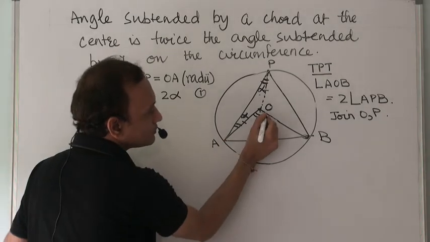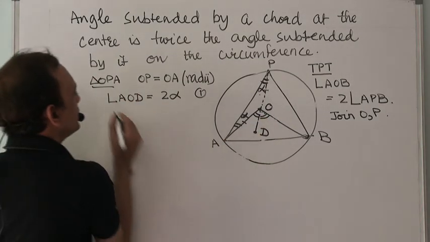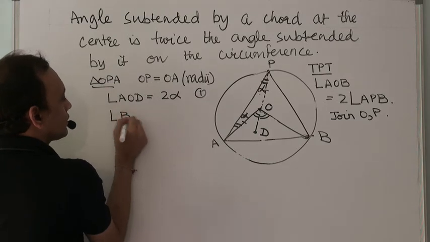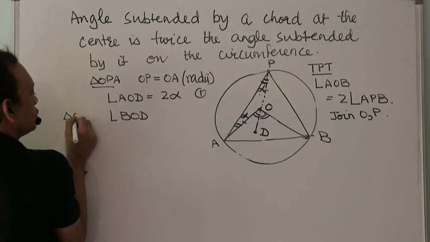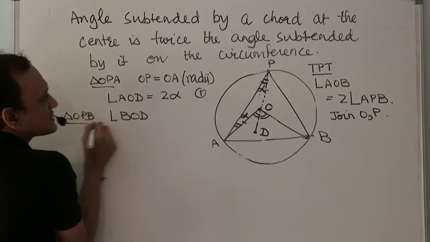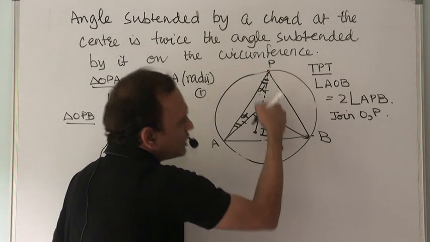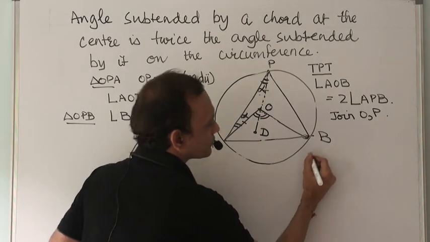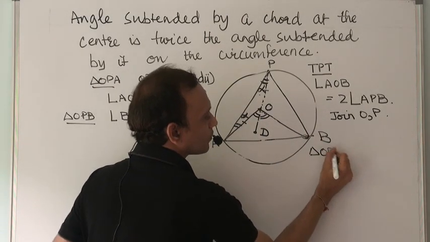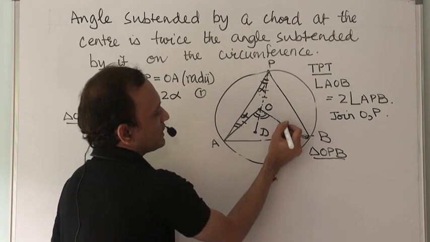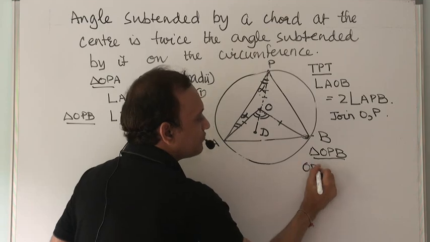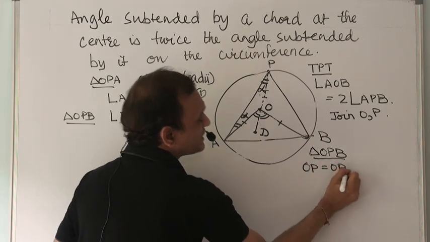Similarly, look at this angle, angle BOD, in triangle OPB. In triangle OPB, again, would you mind believing that OP is equal to OB? Why is that the case?